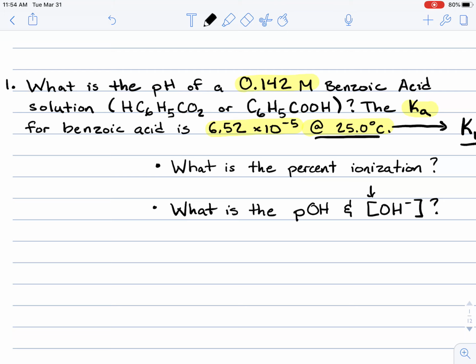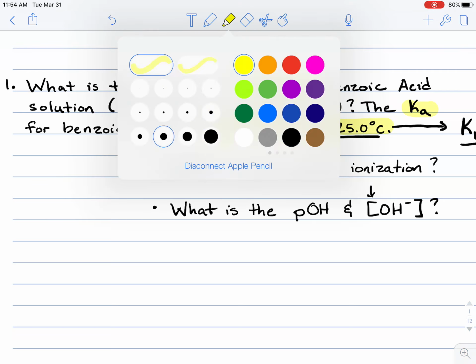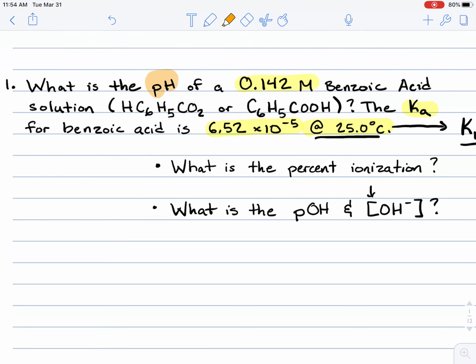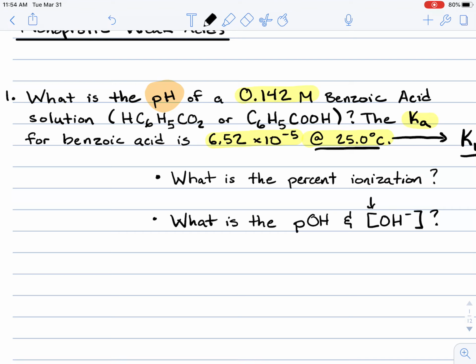All right, and so the question is asking us to determine the pH. What is the pH of this solution? If you recall from the last time we met a couple weeks ago, the pH represents the concentration of hydrogen ions, specifically at equilibrium.